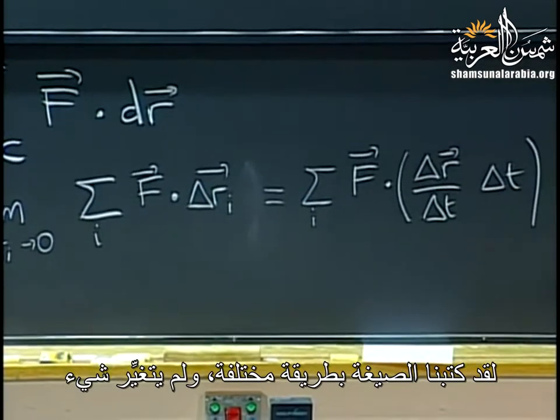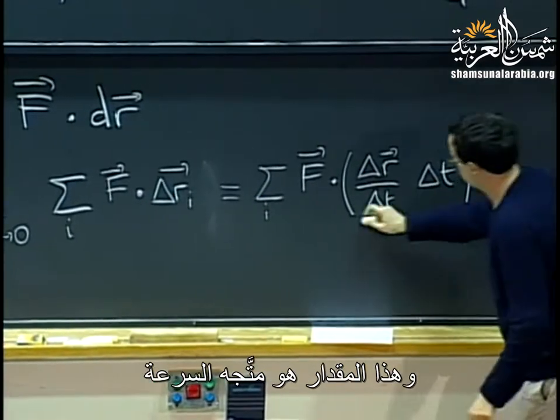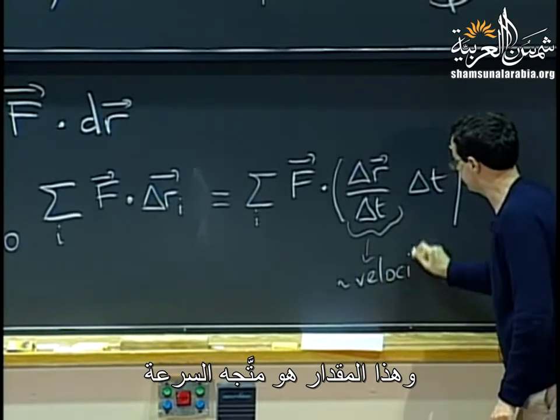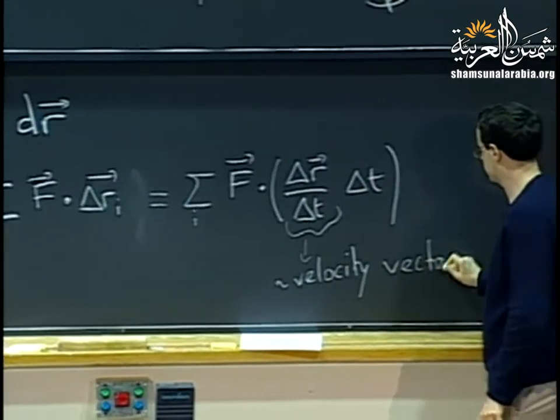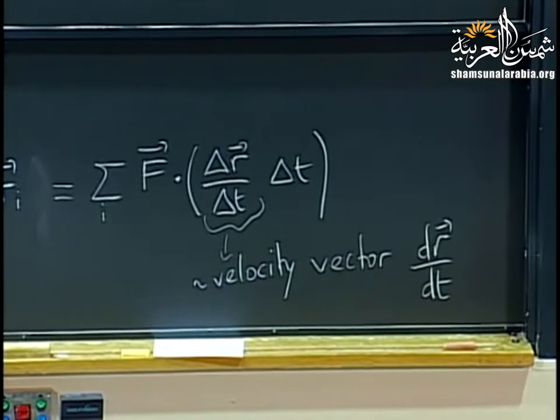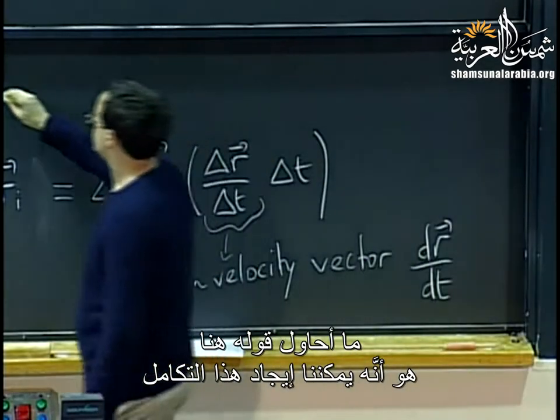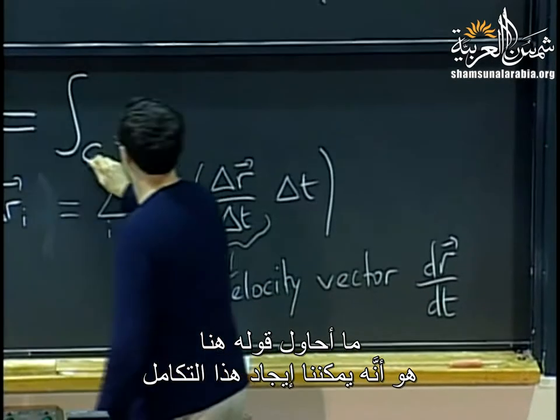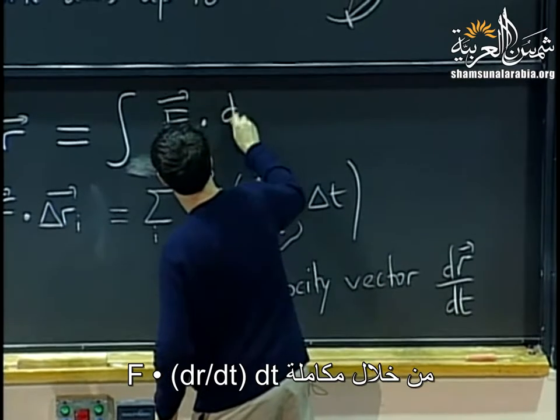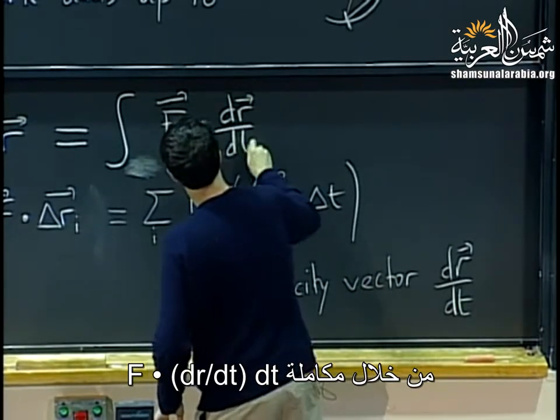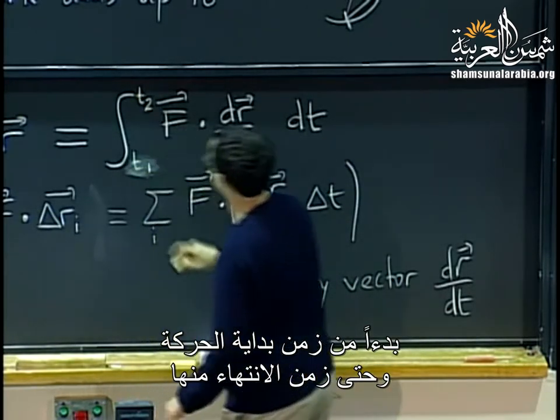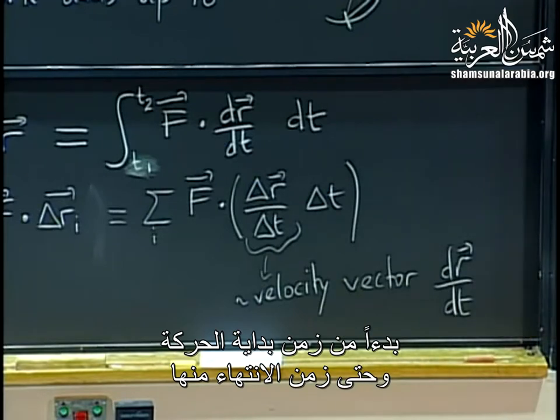If I just rewrite it this way, nothing's happened, but what this thing actually is, is the velocity vector, dr/dt. So I can compute my integral by integrating F dot product with dr/dt over time, from whatever the initial time to whatever the final time is.